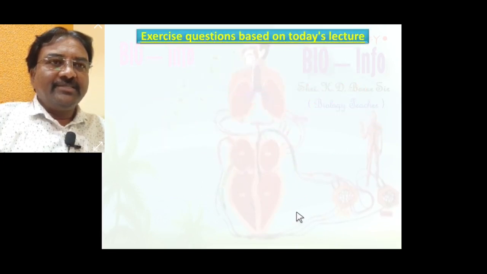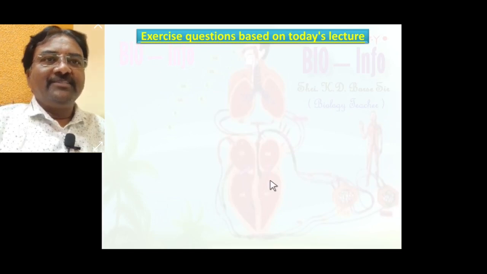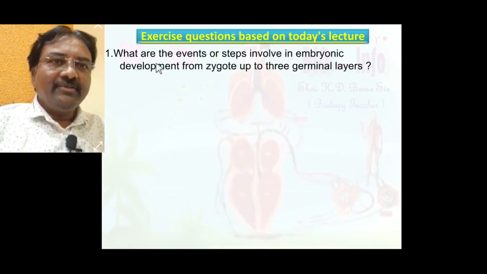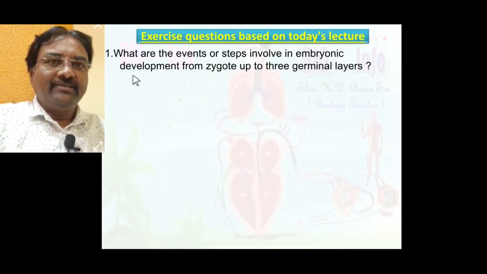Now, on the basis of today's lecture, some exercise questions are noted here. What are the events or steps involved in embryonic development from zygote up to the three germinal layers? Yes: cleavage, blastulation, implantation and gastrulation.